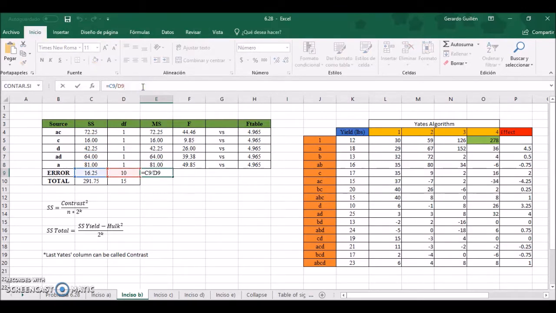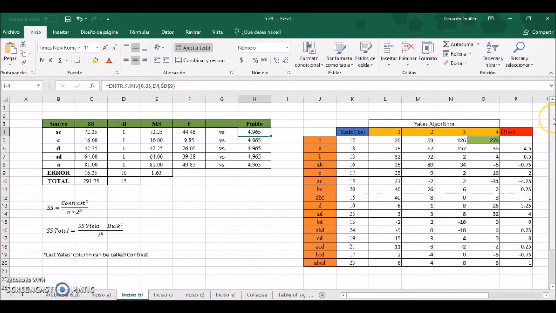This one is going to be the MS error, which is very important because to get the F value of each source, we are going to divide the MS of the source over the MS error. And these are the values that we got. If you check it on the F table, you're going to get the value of 4.965.